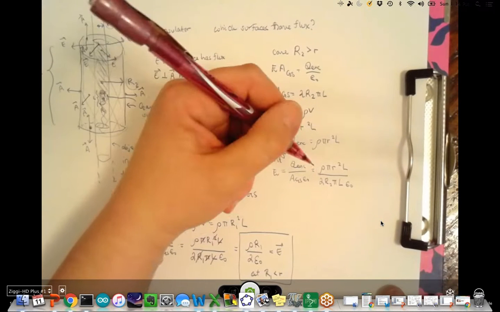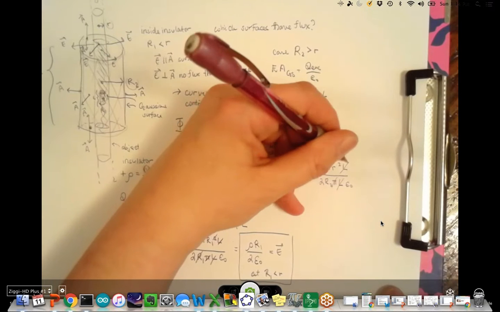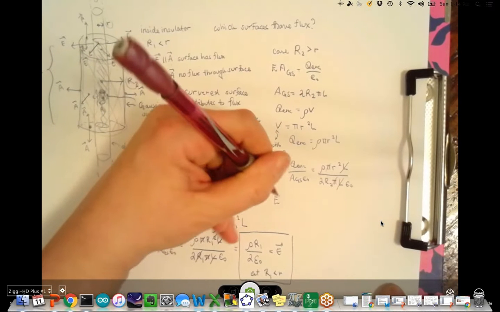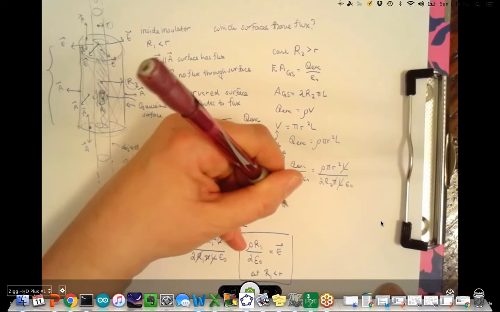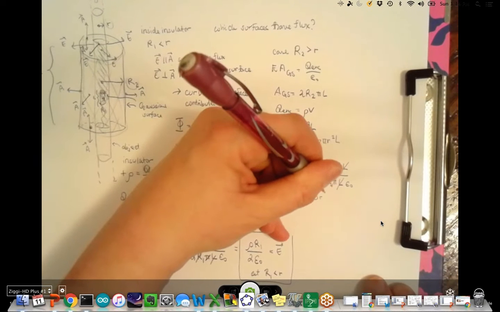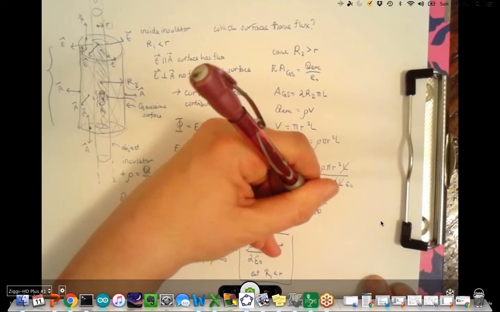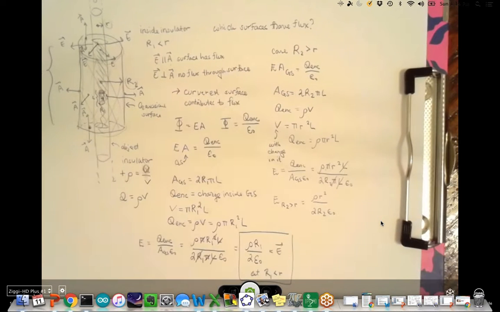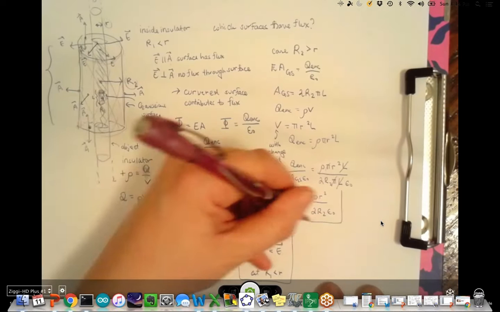So we're going to get pi to cancel and L to cancel, and that's it. So E, where R2 is larger than little r, the radius of the object, we're going to get rho r squared over 2 R2 epsilon naught. So that's going to be our electric field outside of there.